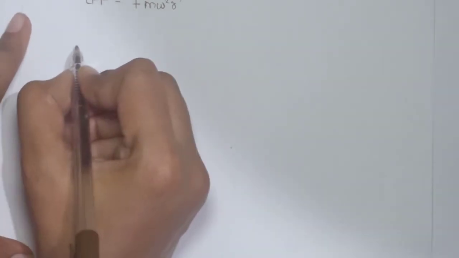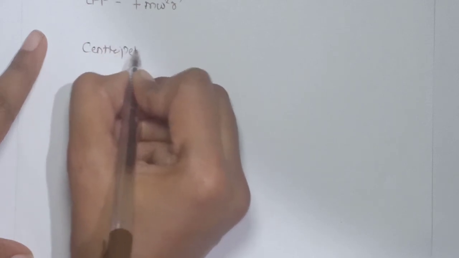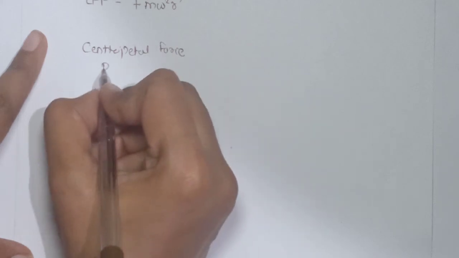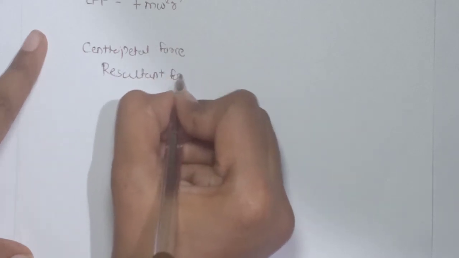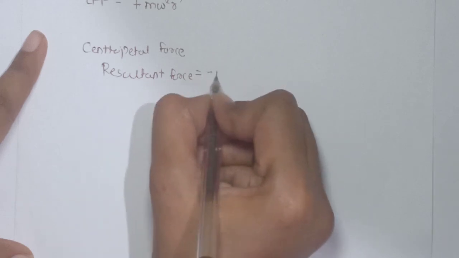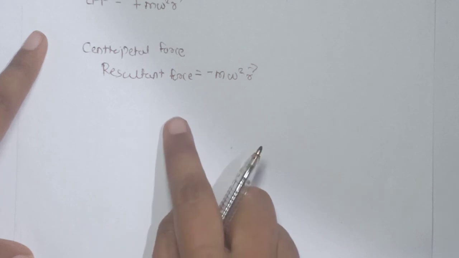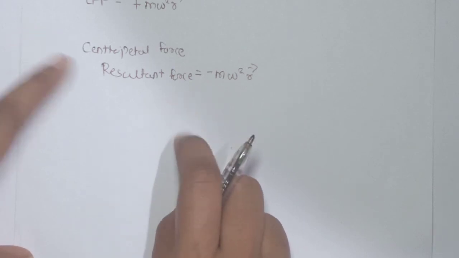The first is if you know the centripetal force. For that you can write the resultant force is equal to minus m omega square vector r. Here the resultant force of all the real forces means the centripetal force.